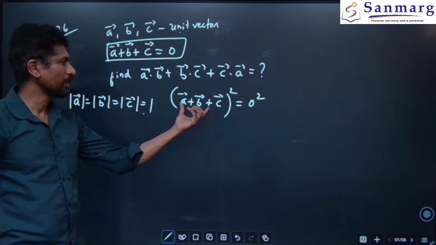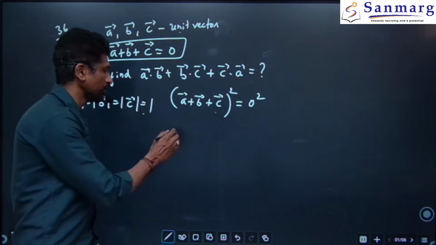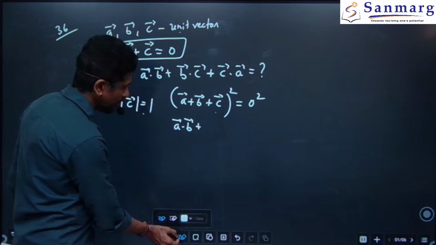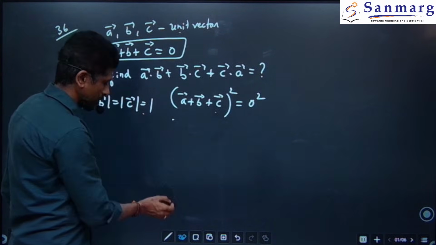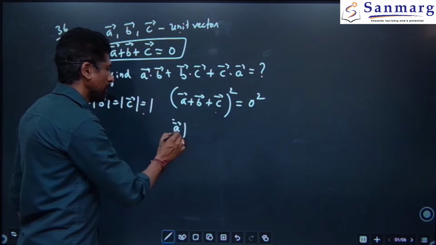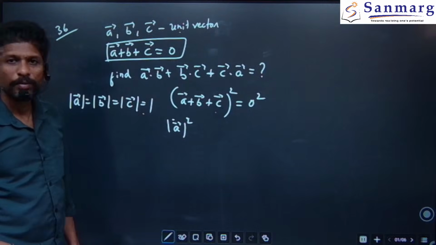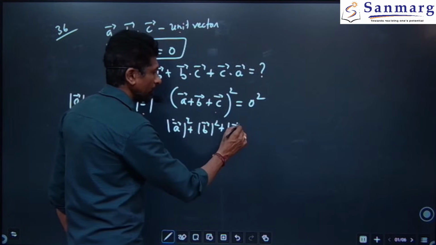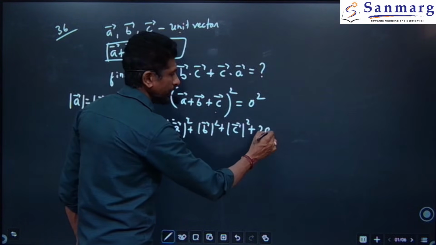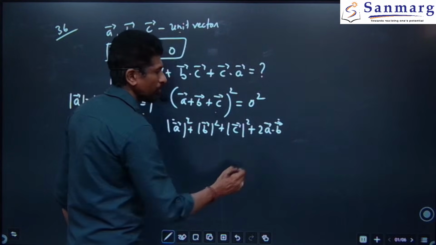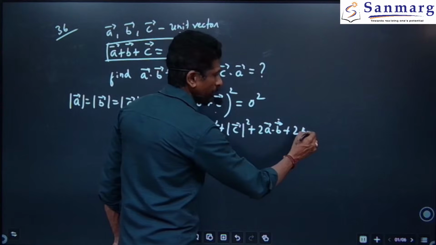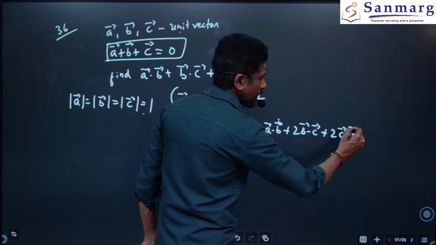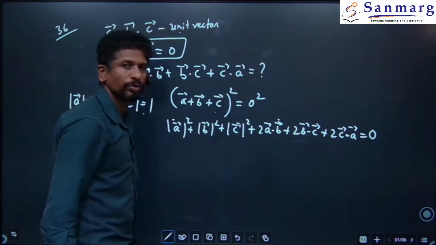So A plus B plus C whole square: the first term is magnitude of A square, the second is magnitude of B square, the third is magnitude of C square. Similarly, the next terms are 2 A dot B plus 2 B dot C, and 2 C dot A. The RHS is 0 square, which is 0 itself.